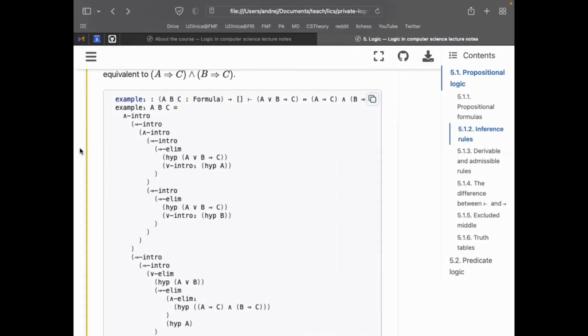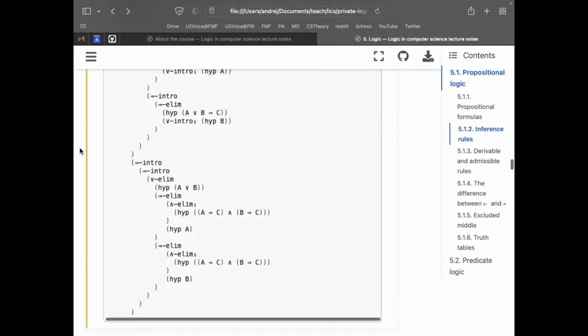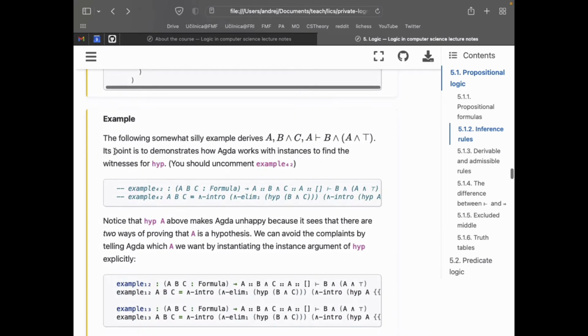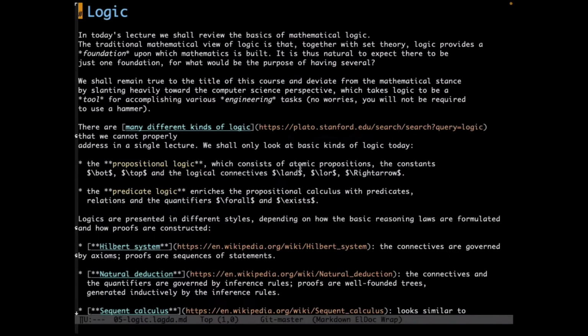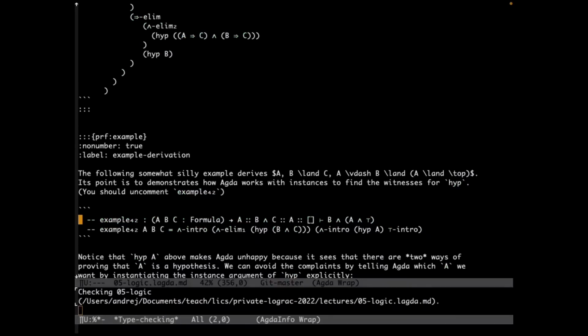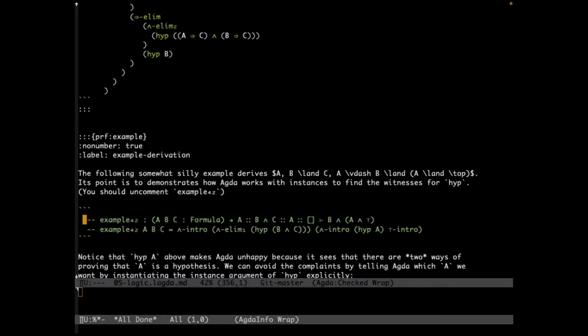Okay. You're going to have fun writing this. Here is an example which I'll just quickly show you in Agda. This is commented out.